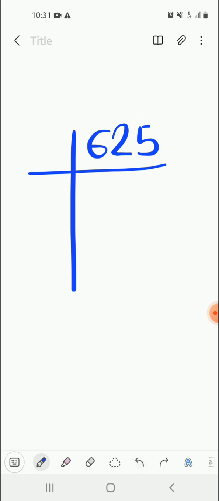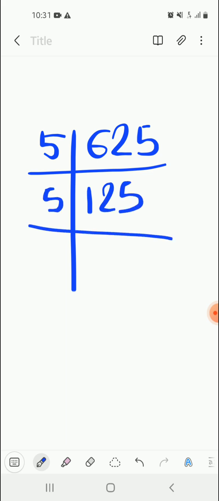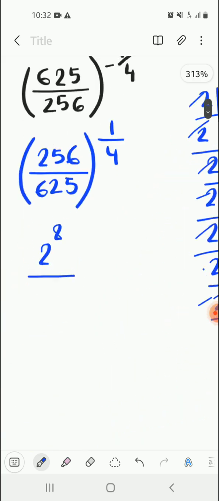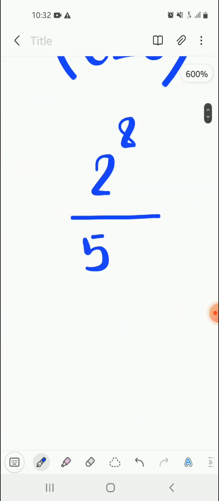It ends with 5. That means it is divisible by 5. So 625 divided by 5 comes to 125. Again, that is divisible by 5. So it becomes 25. And again, divided by 5, it becomes 5. So we have got 1, 2, 3, 4, four 5s. So we can write over here 5 to the power 4.